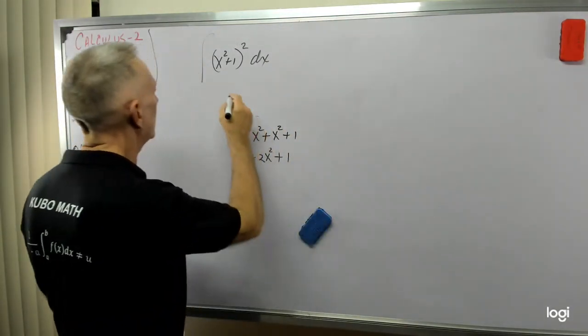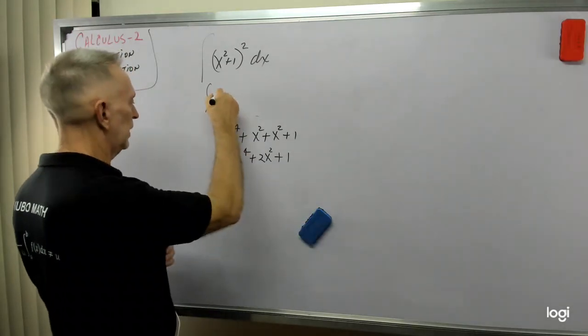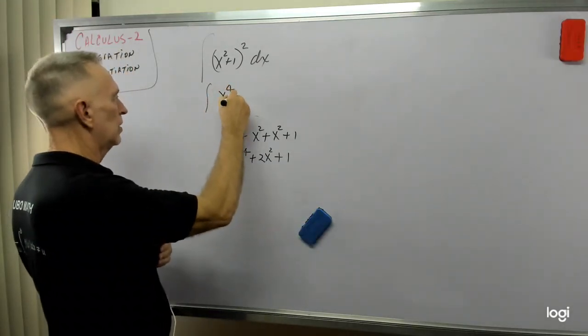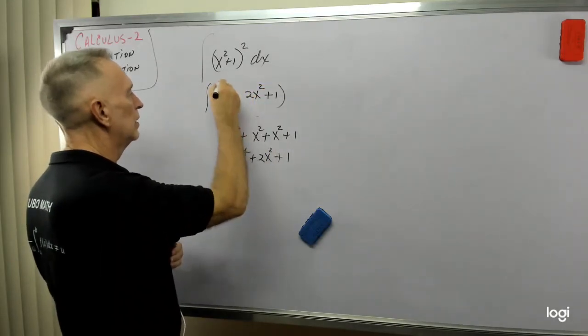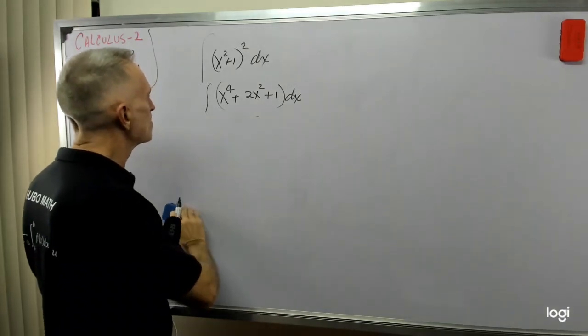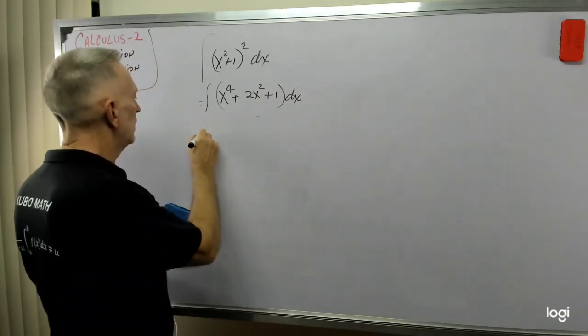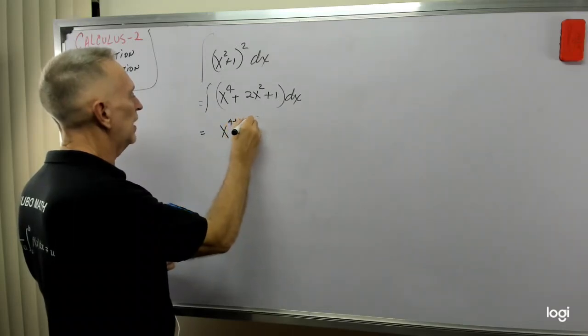Okay, so we have the integral of x to the fourth plus 2x to the second power plus 1 dx. Okay, now then, x to the 4 plus 1 is 5.